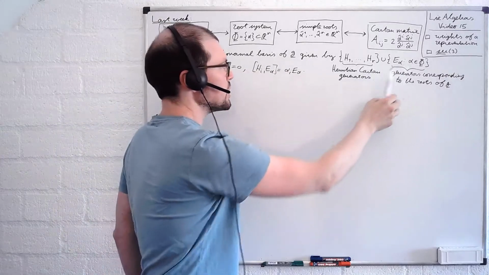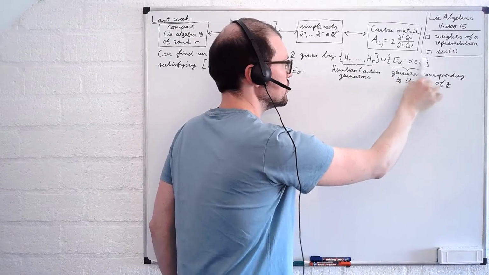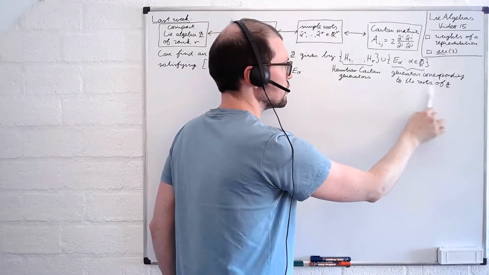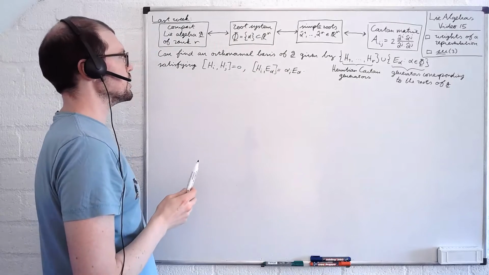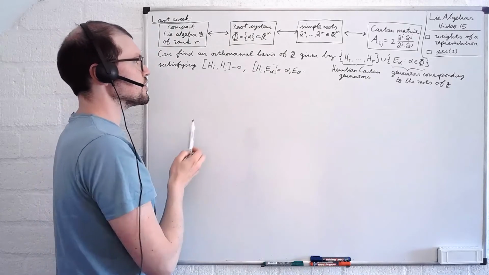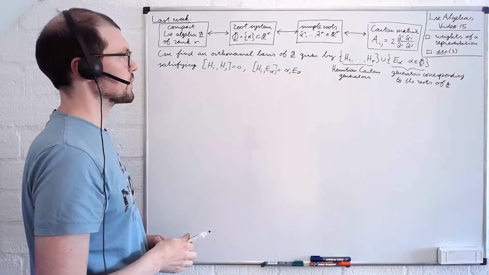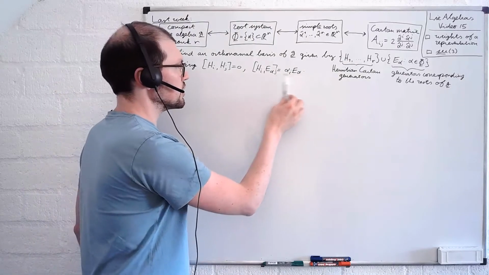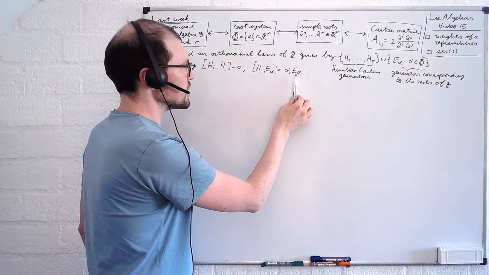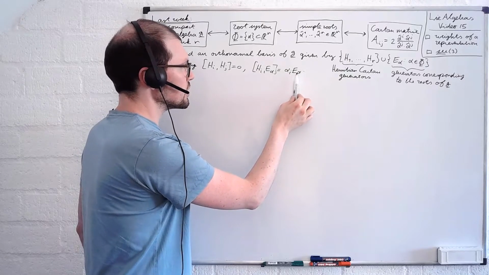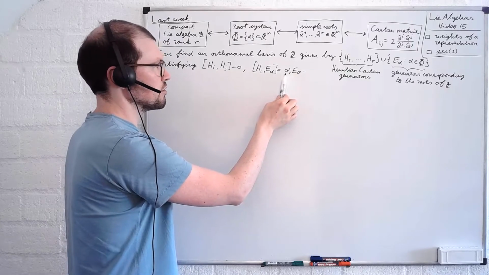Okay, but let's start just with a compact Lie algebra G. We have this basis of Hermitian Cartan generators and generators corresponding to the roots of this Lie algebra. And by construction, these generators satisfy these commutation relations, where the equation I write here is exactly saying that in the adjoint representation, E_alpha is an eigenvector of H_i with eigenvalue alpha_i.